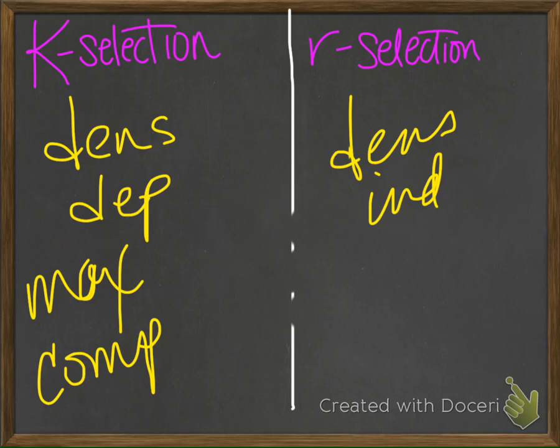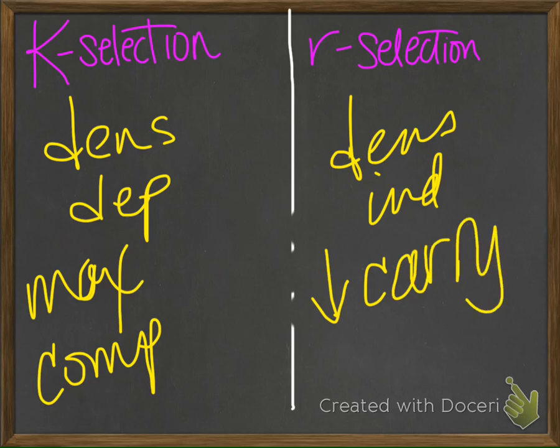R selected is per capita rate of increase. This is where you are below carrying capacity, and you just need to make lots of critters. Individuals have little competition. This is often where you have disturbed habitats, like wheat grown in abandoned agriculture fields.